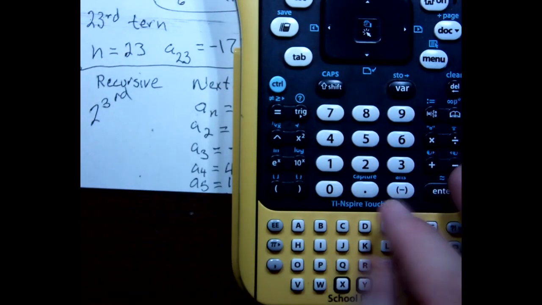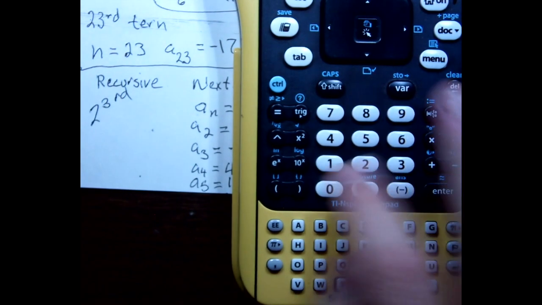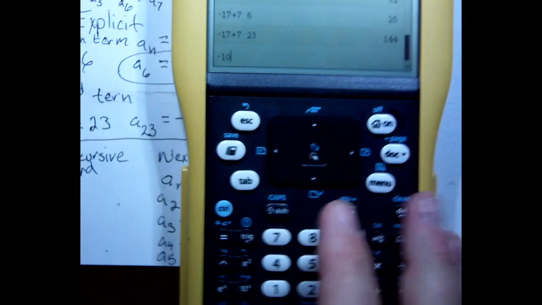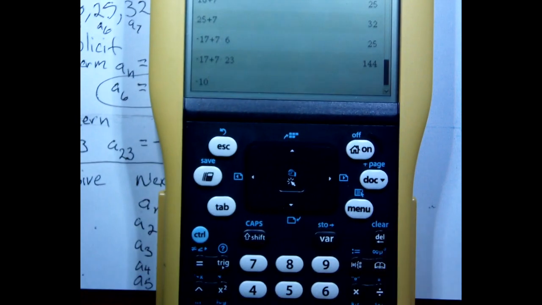If I say negative 10 plus 7, I get negative 3, and then if I add 7, I get 4, 11, 18, 25. But to get to the 23rd term, I have to keep doing this and keep doing this. We said that the 23rd term would be 144, but it takes a lot more steps to get to my 144. Does that make sense? Okay.